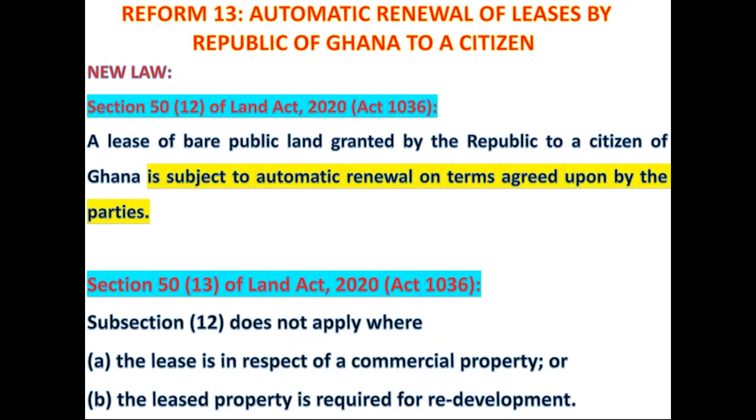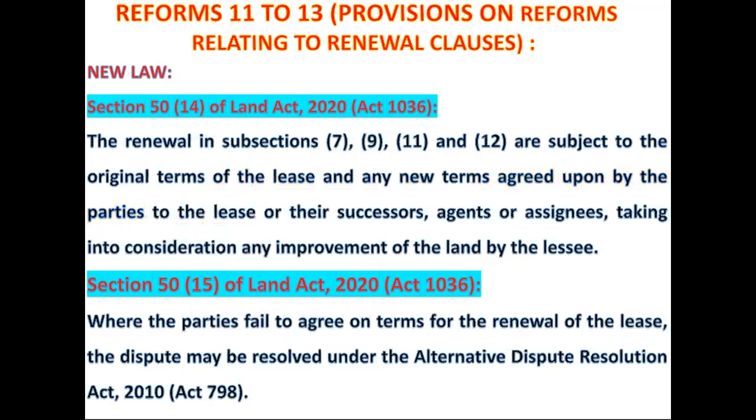That one is an implied term that there can be renewal, and the parties can agree to the contrary. And remember the next one, lease of a bare public land granted by the Republic of Ghana to a citizen, this one, automatic renewal. But it doesn't apply where the lease is in respect of a commercial property or the leased property is required for redevelopment. Now, let us look at some provisions about this whole renewal.